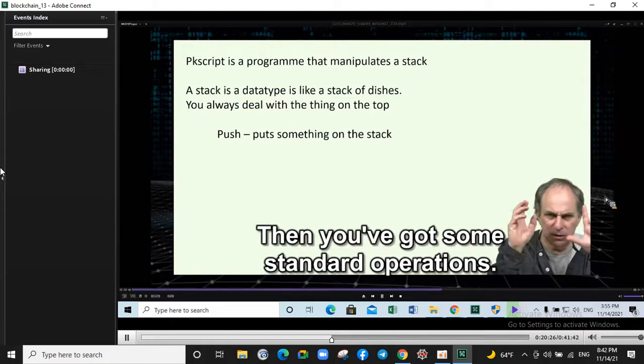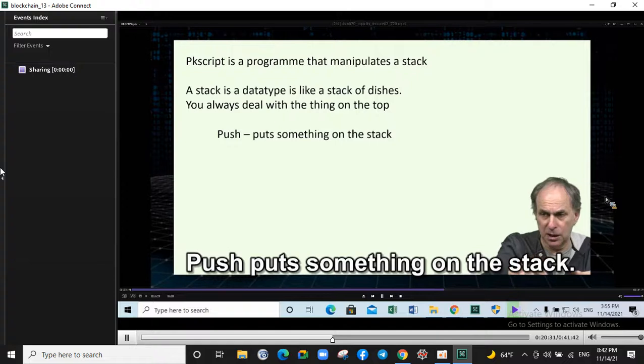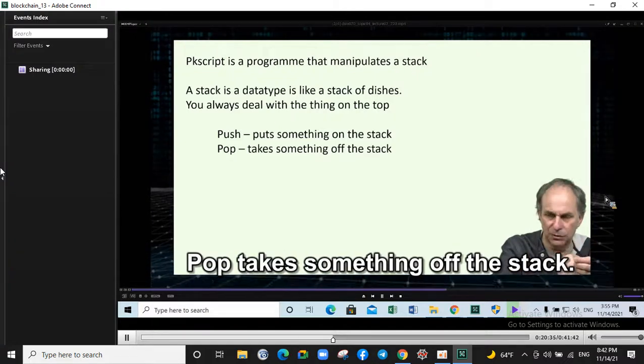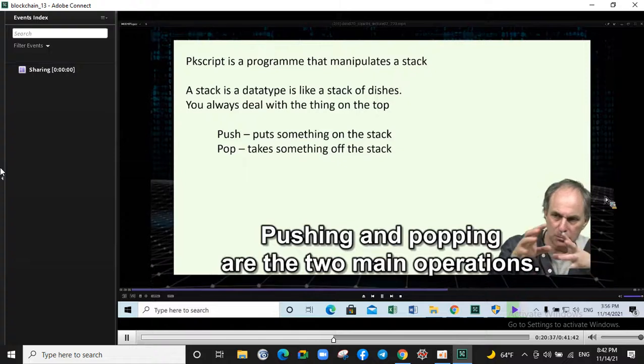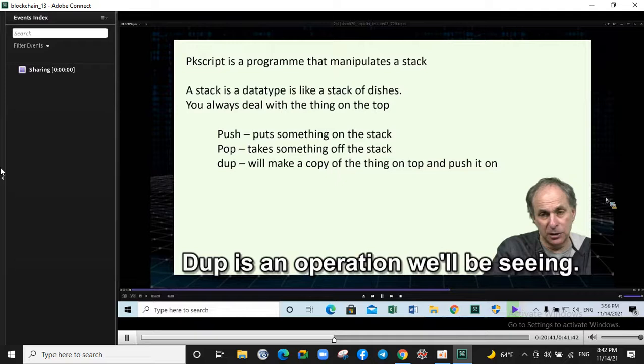And then you've got some standard operations. Push: put something on top of the stack. Pop: take something off the stack. So that's push and pop, the two main operations. Dupe is an operation we'll be seeing.